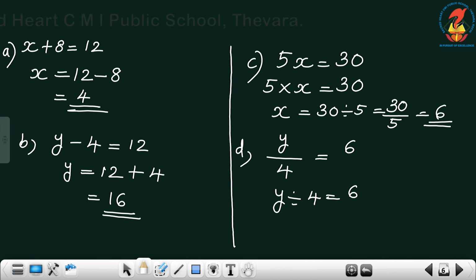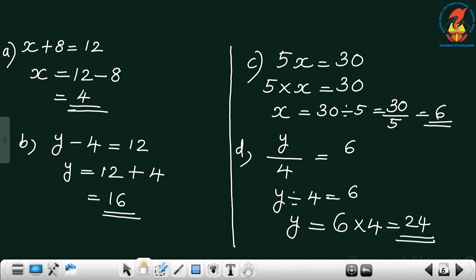Here the operation involved is division. When 4 moves to the other side, it will become multiplication. So y is equal to, what is given on the right hand side? Write first 6. Then when we transpose 4 to the other side, 6 into 4, which is equal to 24. Therefore the value of y is equal to 24.